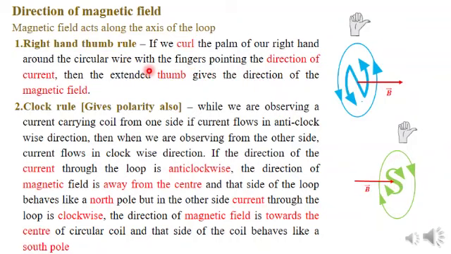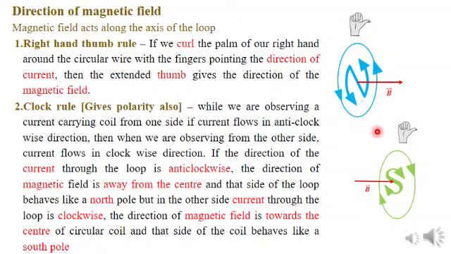If we curl the palm of our right hand around a circular wire with the fingers pointing in the direction of current, then the extended thumb gives the direction of the magnetic field. Second rule, the clock rule, gives the polarity of the magnetic field also.